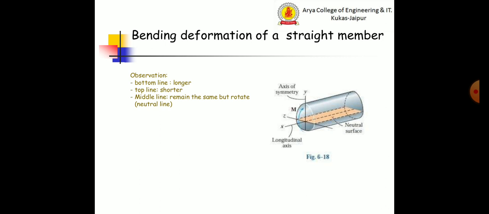When any beam bends, the uppermost fiber will contract and the bottommost fiber will tense. And there is one layer of surface which has neither tension nor compression. That surface is called the neutral surface.